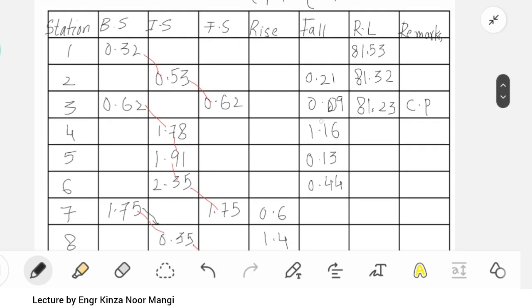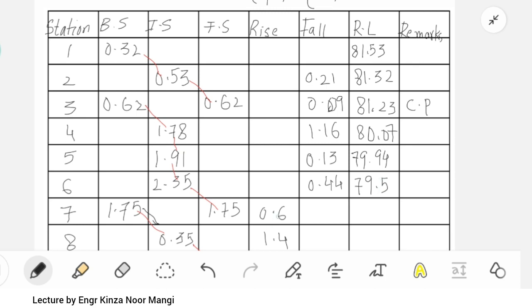Okay, then 1.16 will be subtracted from 81.23, which will give us 80.07. Okay, minus 0.13 will give us 79.94, minus 0.44 will give us 79.5.